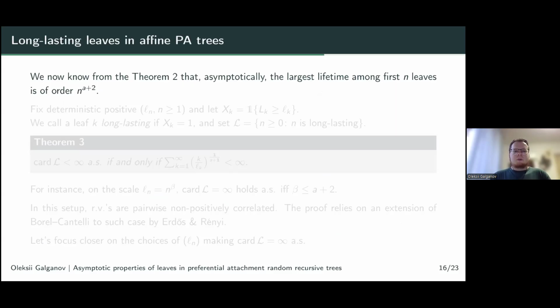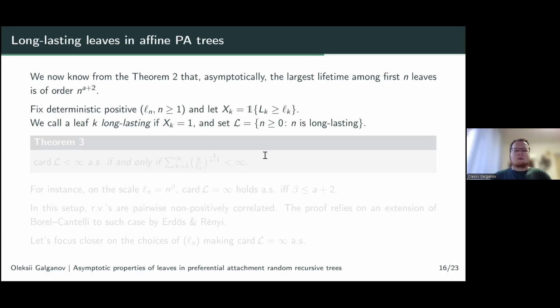From this theorem, we know that asymptotically the largest lifetime among first-order leaves is of order n to the power of a plus 2. And we can explore this further. So let's fix some deterministic positive sequence Ln and define the new random variables xk, which is the indicator of whether the lifetime of leaf k as a leaf was larger than Lk, and we call a leaf long-lasting if this event happened.